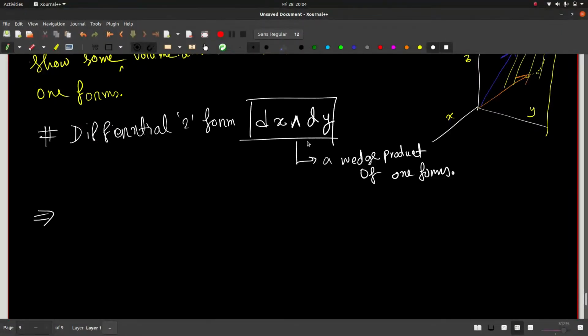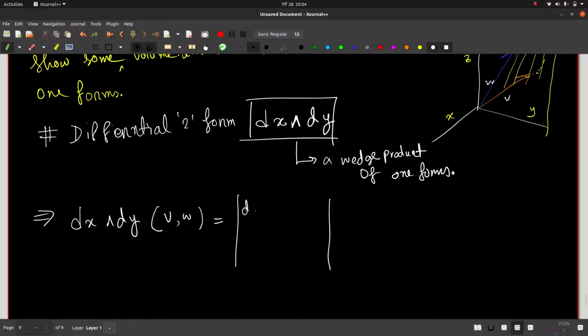So this motivates us to define this differential 2 form as follows. This differential 2 form will act on this pair of vectors. Let's say this is v, this is w. If they act on this pair of vectors, it will give you dx of v, dx of w, dy of v, dy of w, like this.